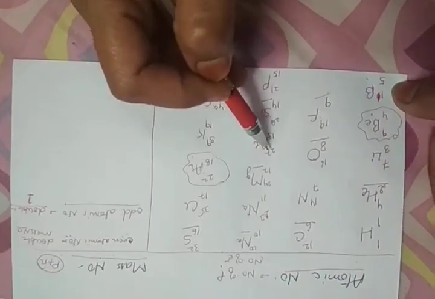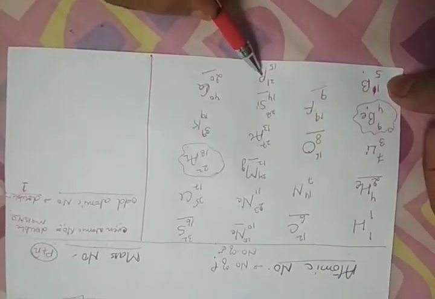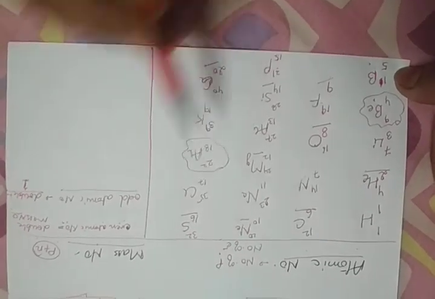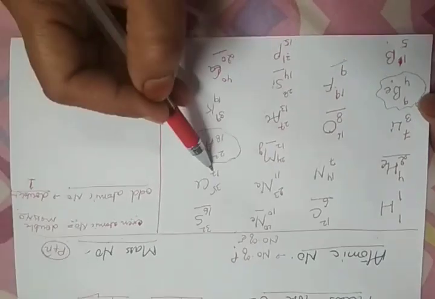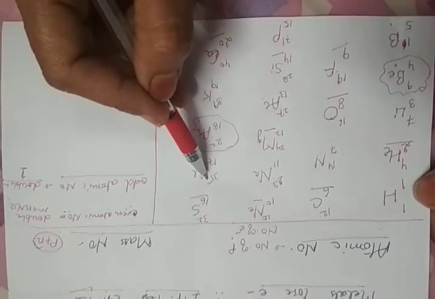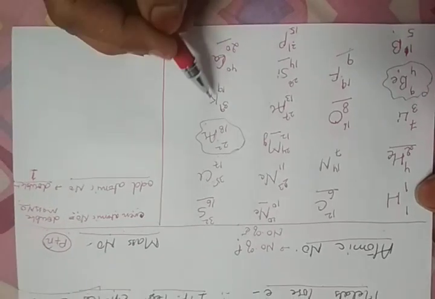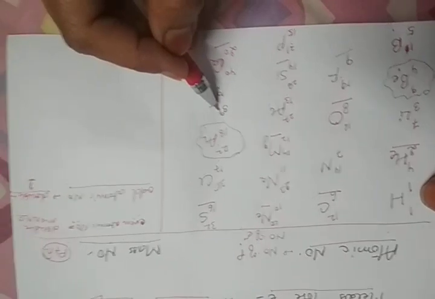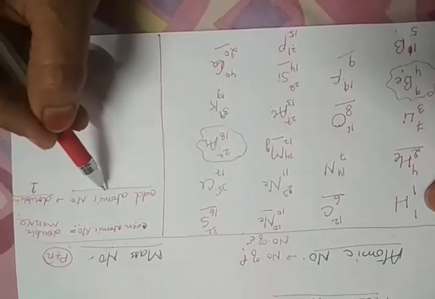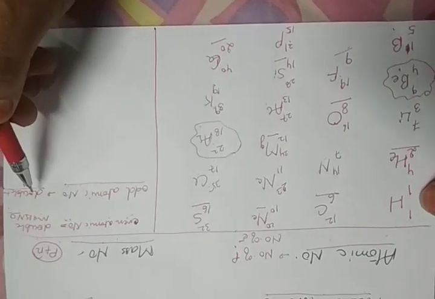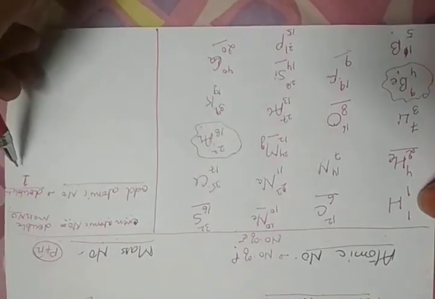Aluminium 13, 27. Phosphorus 15 double is 30, 30 plus 1, 31. Chlorine atomic number 17, 17 double is 34, 34 plus 1, 35. Potassium is 19, double is 38 plus 1, 39. This way, for any element with an odd atomic number, the mass number will be double plus 1.